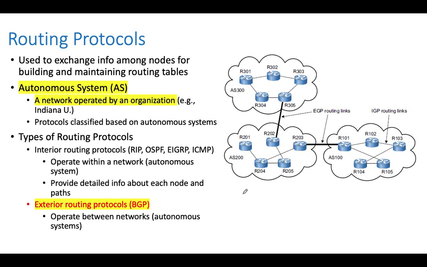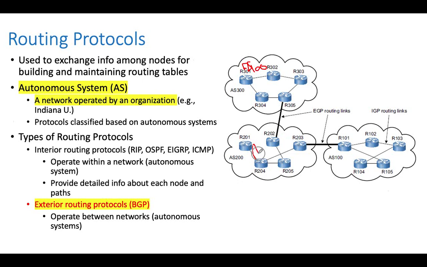The concept is, instead of configuring device per device, you group a collection of routers, for example 100 routers, 200 routers at once, and you put them in an autonomous system. That autonomous system, for example, call it AS100.